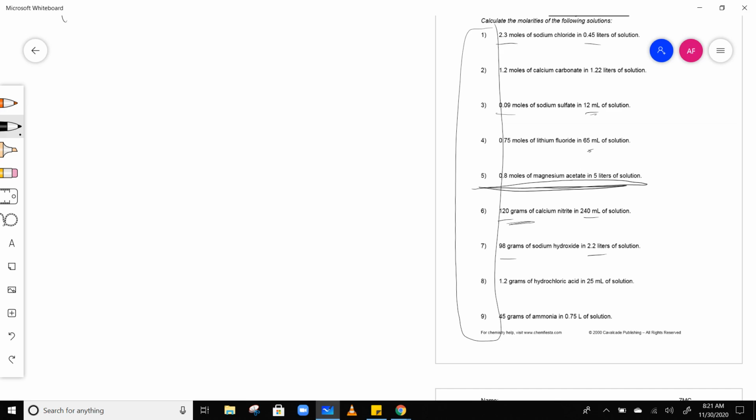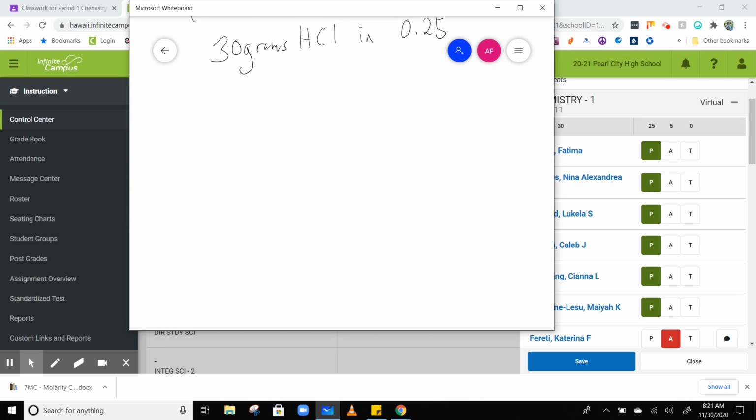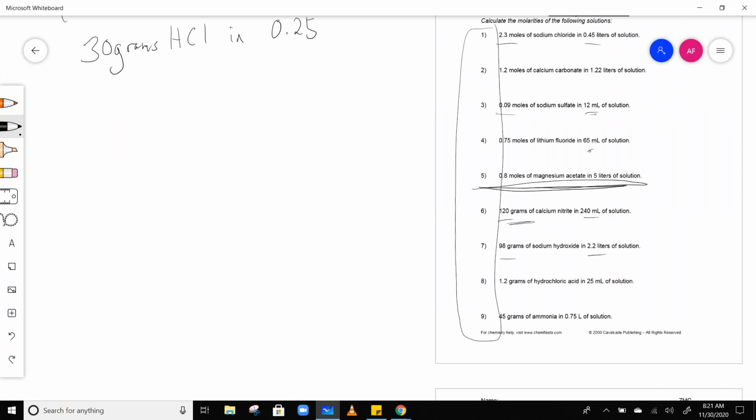I'm just going to make up another one. Let's say we have 30 grams of HCl in 0.25 liters.